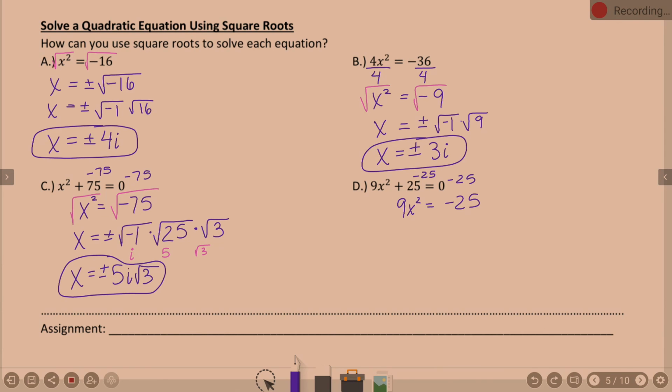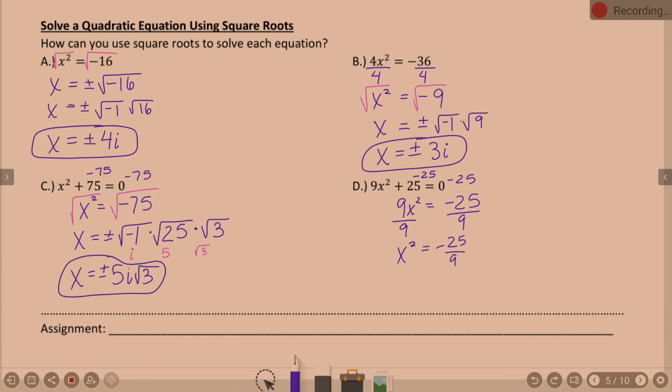I'm still working to get the x squared by itself, so we're going to divide by 9. And I'm going to have x squared equals, do 25 and 9 divide? No, so it's going to be negative 25 ninths. Don't tune out. Yes, it's a fraction, but it is no more difficult than any other problem we've done today.